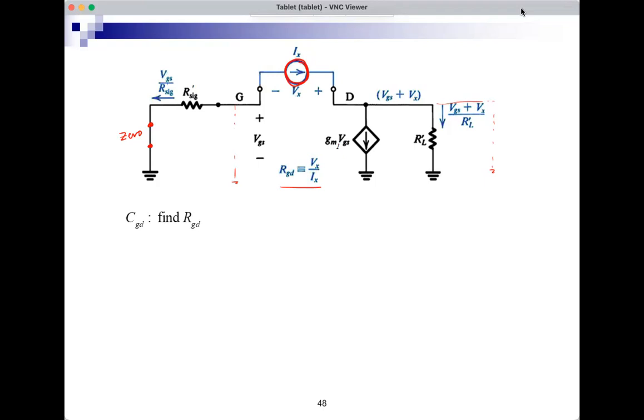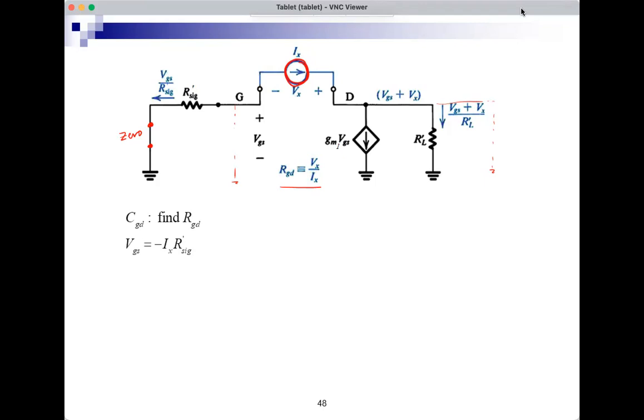I need to do a circuit analysis. So I have to find the currents and the voltages and then find Vx over Ix. That's fine. We know how to do circuit analysis. This is a circuit with 2 sources and 2 resistors, so not a big deal.